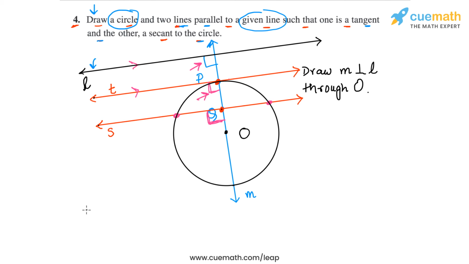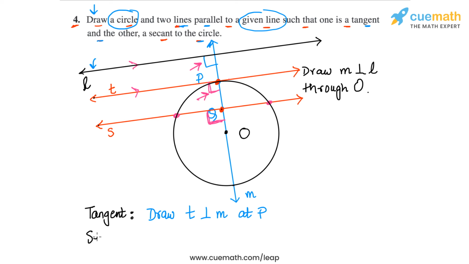Let me write these steps here. To draw the tangent T, we draw the line T perpendicular to M at the point of intersection P, the point of intersection of the line M with the circle.